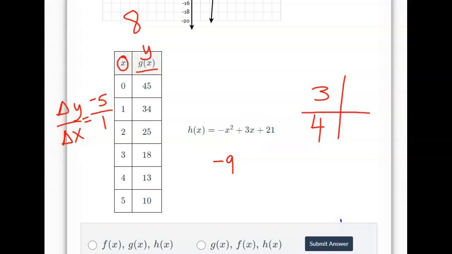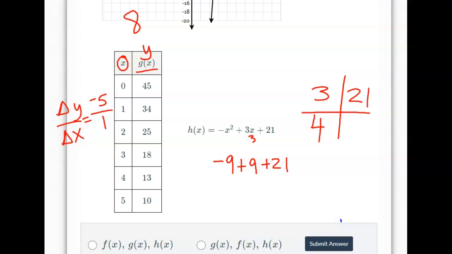Then I need to input 3 into this other x value. That becomes +9. 3 times 3 is 9. So those have essentially canceled each other. And then I have +21. So when x is 3, the output, the y value, is 21.